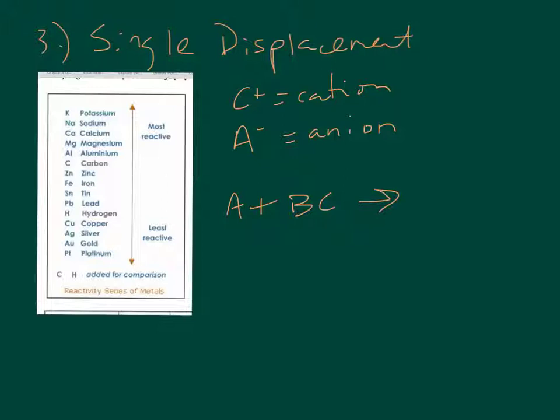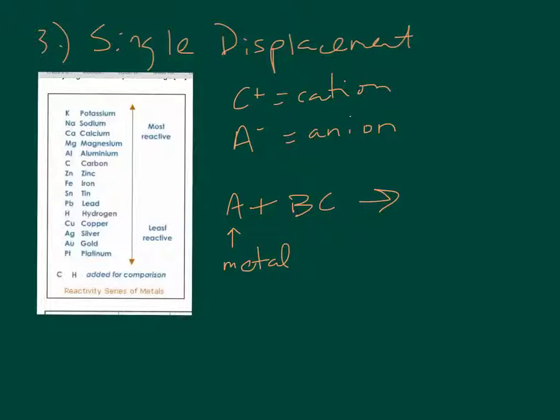All right, so when we look at this, though, we have to consider what type of element is element A. So if element A is a metal, then that means that when it switches place with either B or C, it's going to become the cation for the new compound. Okay, so A has to switch with a cation.